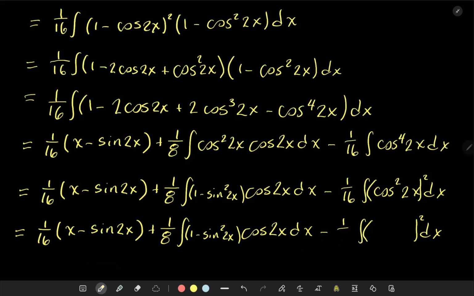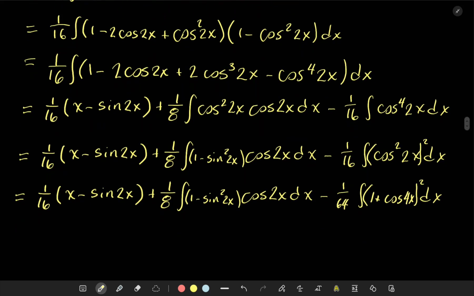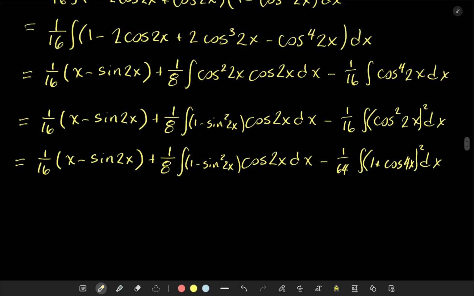Okay, if I just put a 64 here, which is 4 times 16. So the 1/2 that I wrote a second ago. And this would be 1 plus cosine of 4x. Because the 2u, remember, becomes 2 times 2x, which is 4x. All right, so now we're in position to start computing our integrals, the leftover ones.